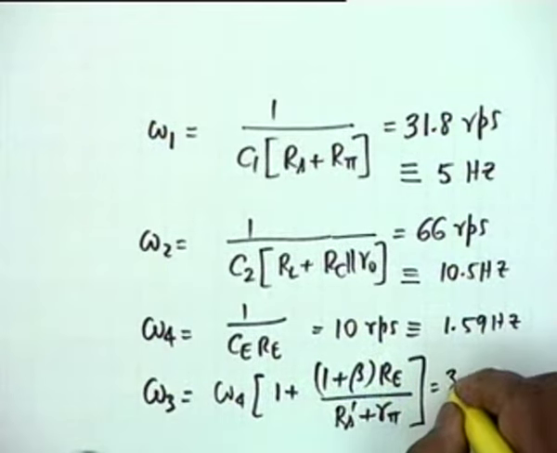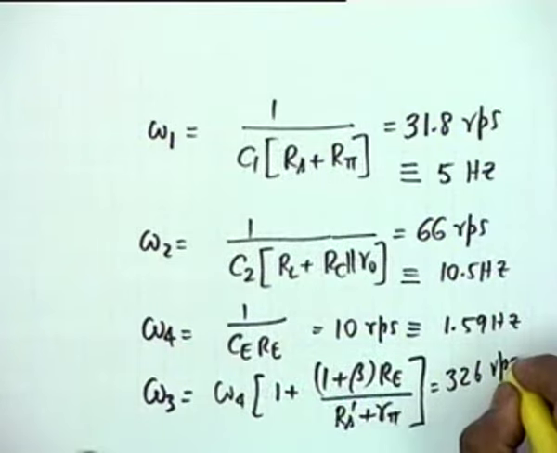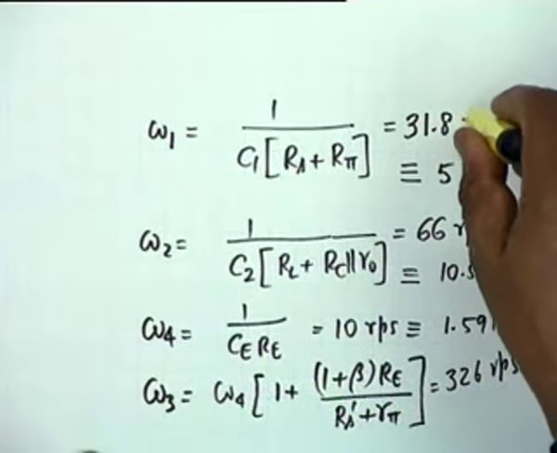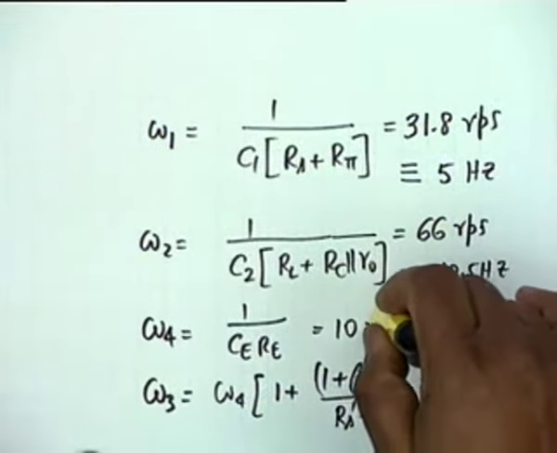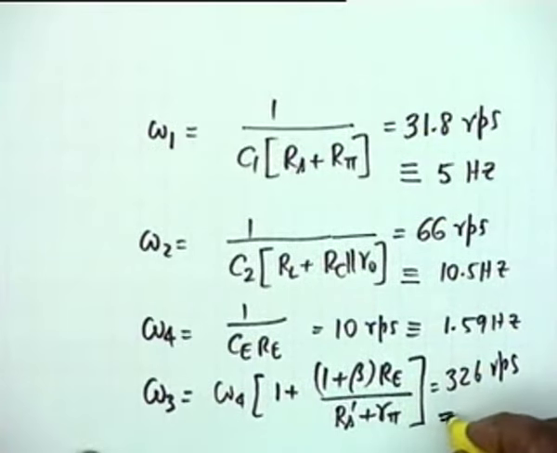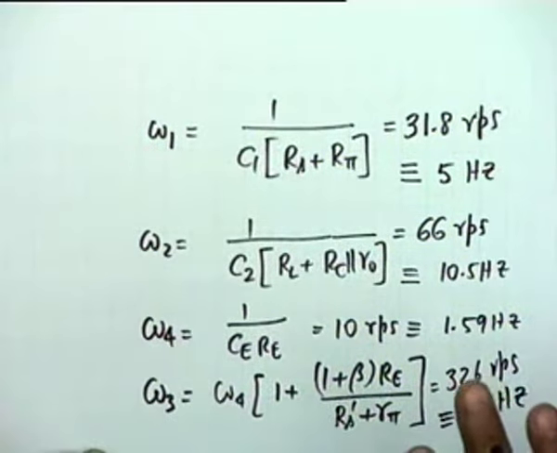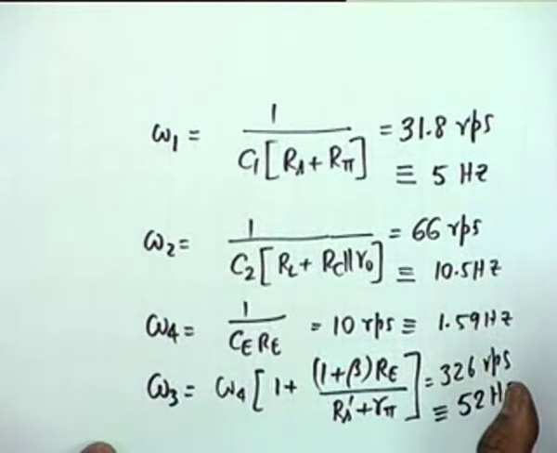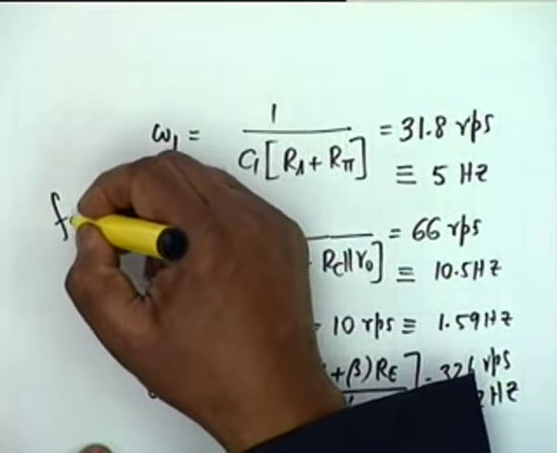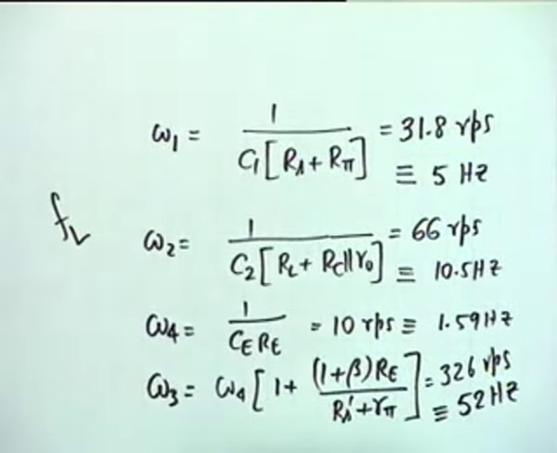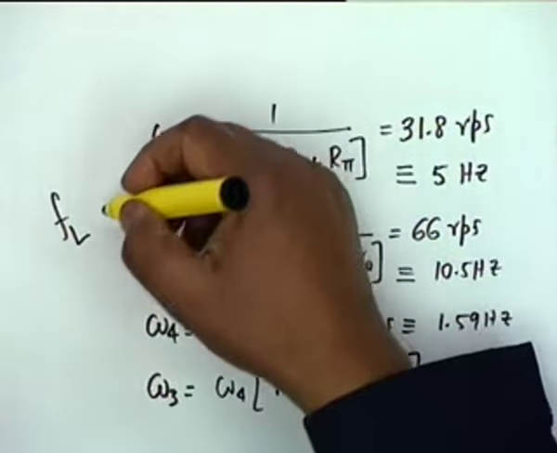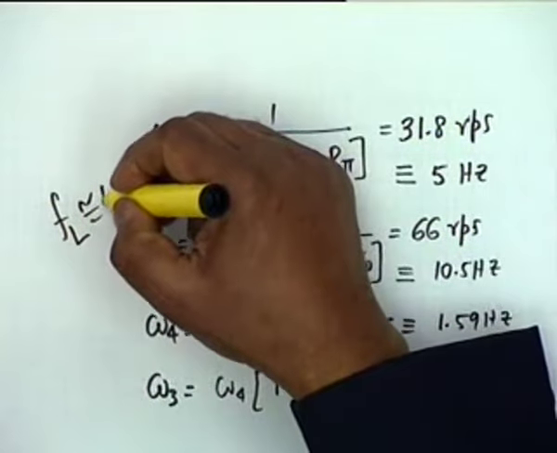This comes as 326 radians per second. You see, 31.8, 66, 10 and 326, which is equivalent to 52 hertz. And there is no doubt that FL, that is the low frequency 3 dB cutoff, is dominated by omega 3 and shall be equal to 52 hertz.